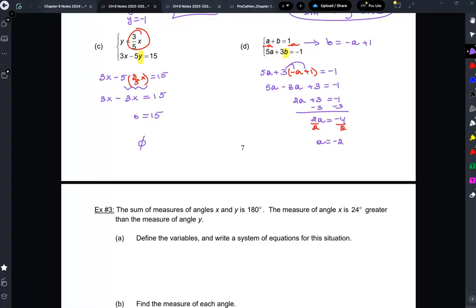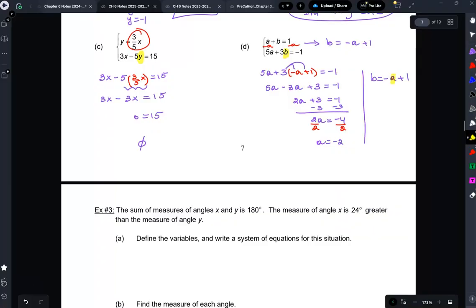Okay? Now I'm going to put this into the b. b equals negative a plus 1. So look, it's the a that's being substituted. Okay, hang on. It's the a that's being substituted. There is a separate negative in front that you can't get rid of.